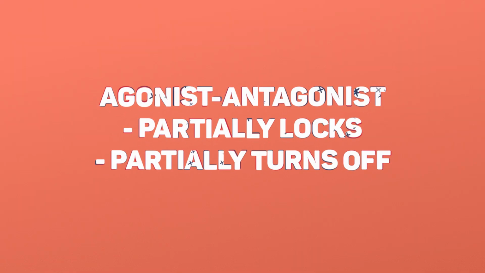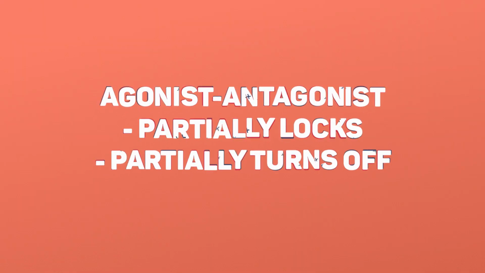There's another type of opiate that's called an agonist-antagonist. And what that means is that unlike heroin or oxycodone, which fully locks onto the receptor, an agonist-antagonist partially locks on and turns on that receptor and partially turns it off. As an example, for those of you that know, a full antagonist, something that goes in there and completely locks the receptor, would be naltrexone or Vivitrol, which you all know about.